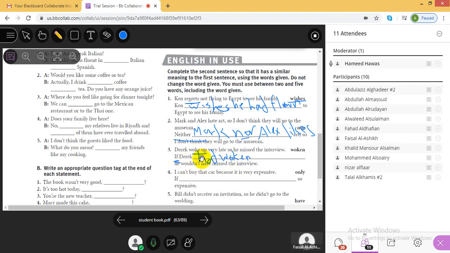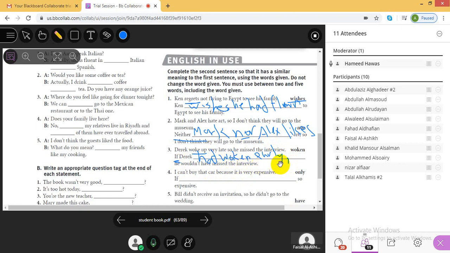If Derek had woken early, because I make it in positive form, so I will change late into early, comma, he wouldn't have missed the interview.